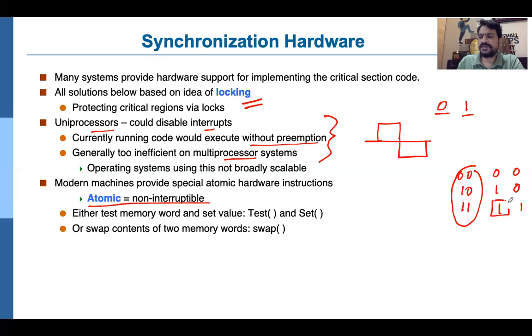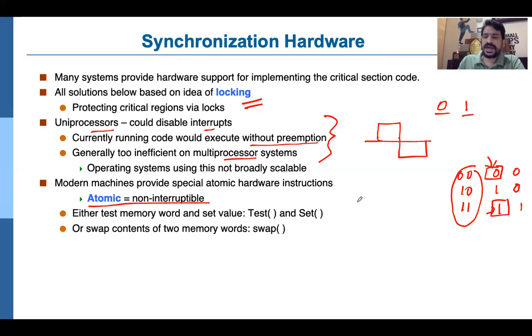But an individual 0 or 1 cannot be divided. So it is called atomic, which has only a single value. Here also, whatever instruction we use, we consider as atomic.